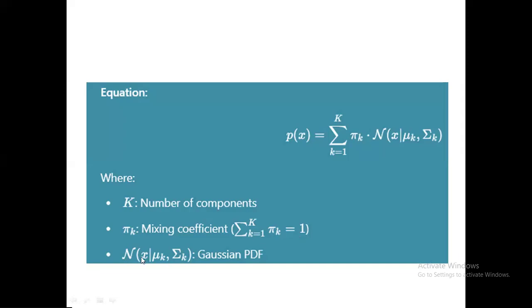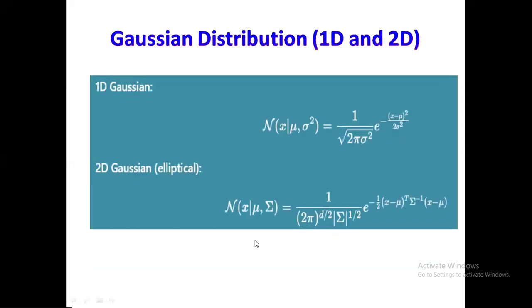And this normal distribution N(x | mu_k, Sigma_k) we are calling a Gaussian PDF, that is a Gaussian distribution with mean and a covariance matrix. We can say that.